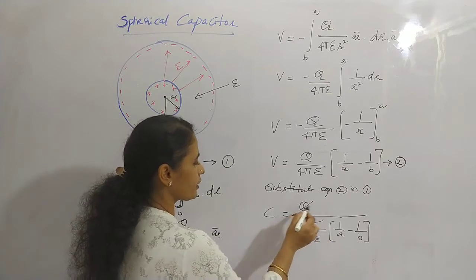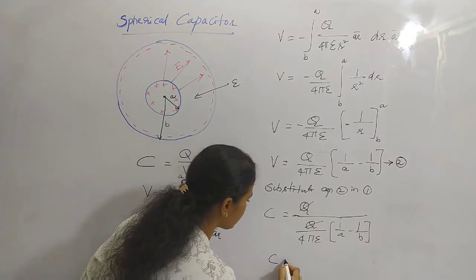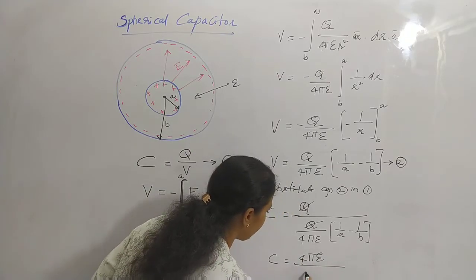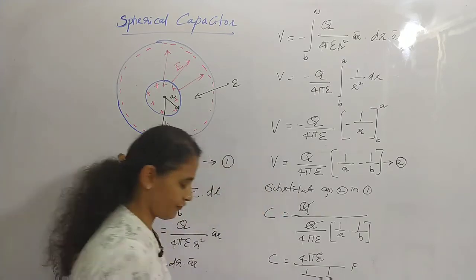The Q and the Q get cancelled. I will take this term to the numerator, and C is given by 4 pi epsilon by 1 by A minus 1 by B farads.